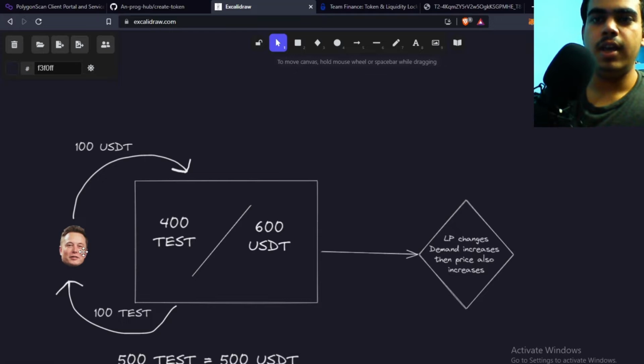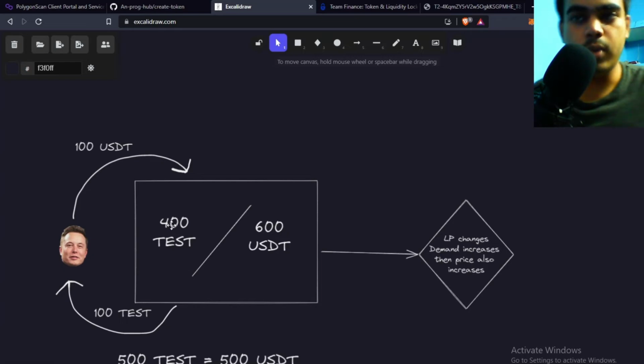Let's say for reference we have Elon over here, and he wants to buy your token in exchange for USDT. So he deposits 10 USDT into the pool. Now it turns out to be 600 USDT, and he has taken 100 test tokens. These 100 test tokens are removed from the pool, so it returns to 400 test tokens.